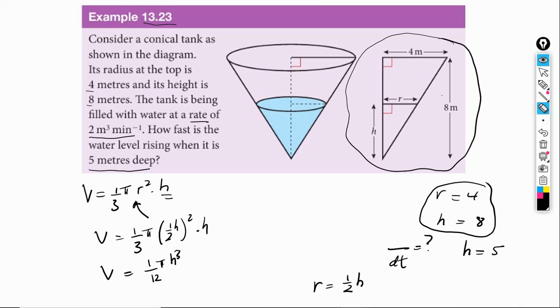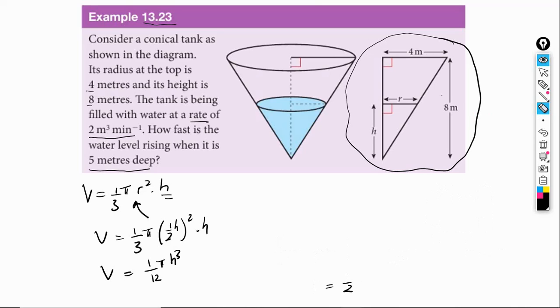And we are going to work on differentiating the volume. So if we grab this formula and differentiate it with respect to time, we're going to get that the rate of change of the volume is equal to, send the 3 to multiply, so we're going to get 3/12, which is 1/4 pi times the height squared, right?